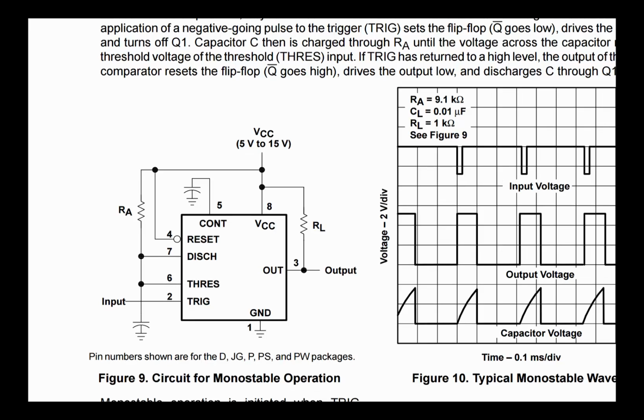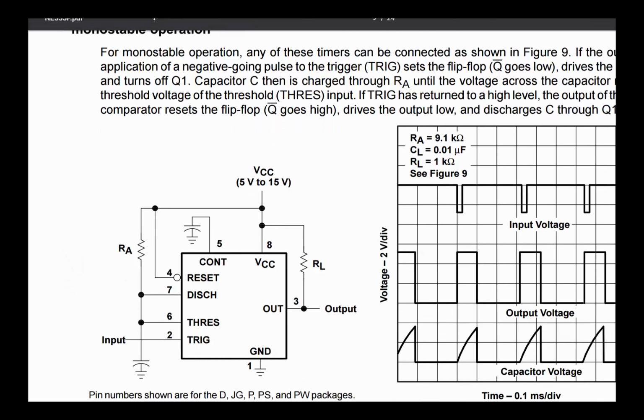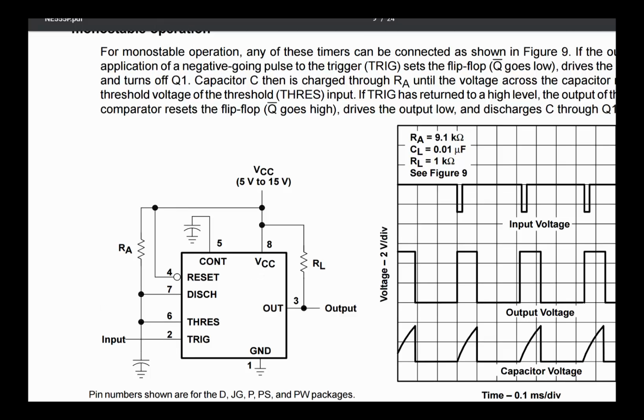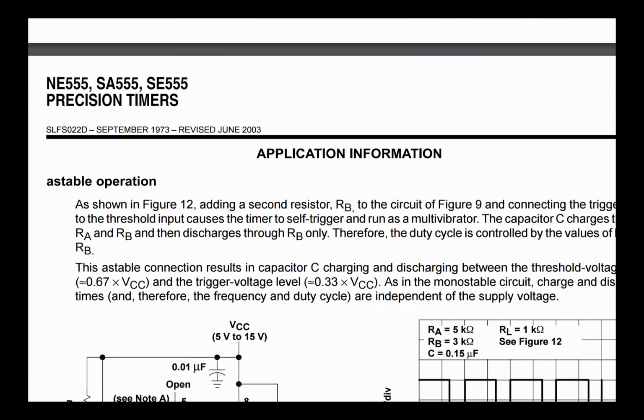But here, this is called the application notes section, or application information. One of the operations is called monostable, where you give it an input and it triggers either a longer or shorter pulse based on what you trigger in and what values of resistors you picked. That's not what we're interested in here.